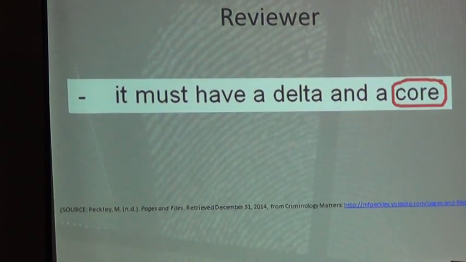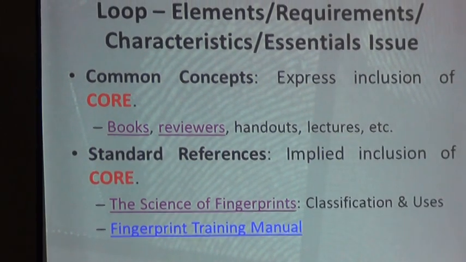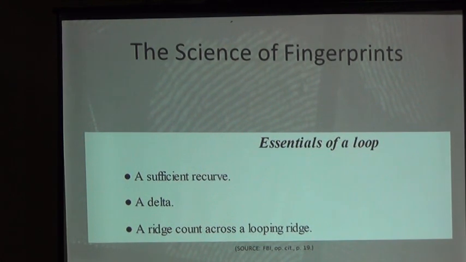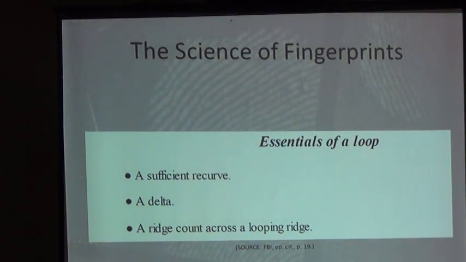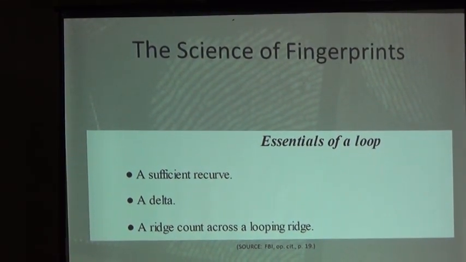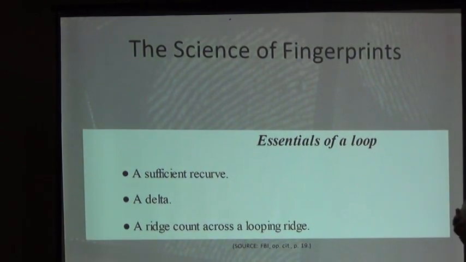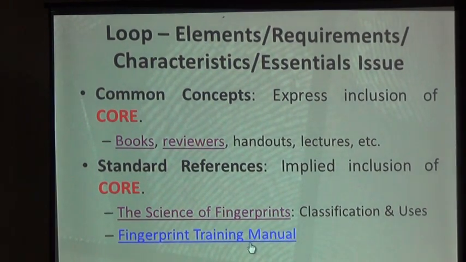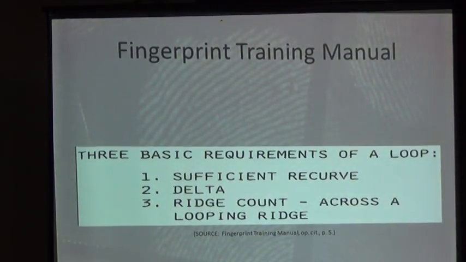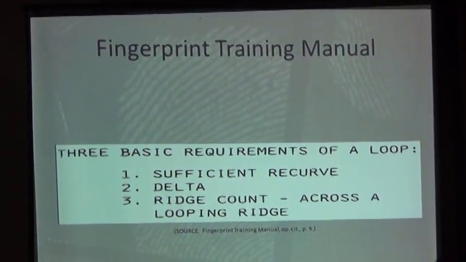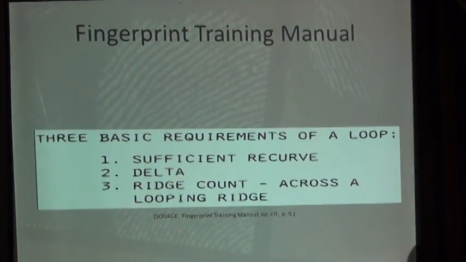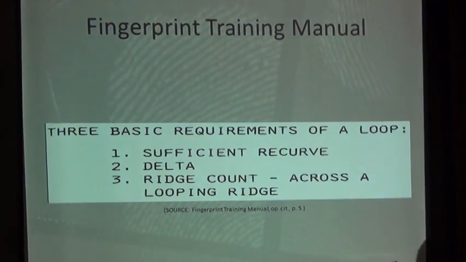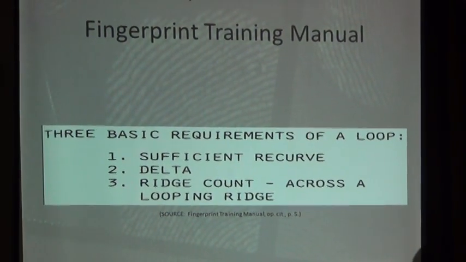Let us look at the standard references. That is found in page 19 of the fingerprint training manual. Earlier, Ma'am Ruby pointed out the concept of globalization.